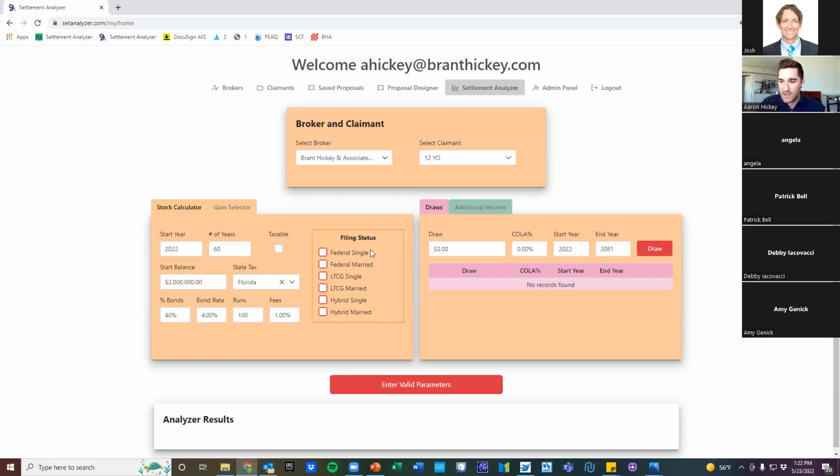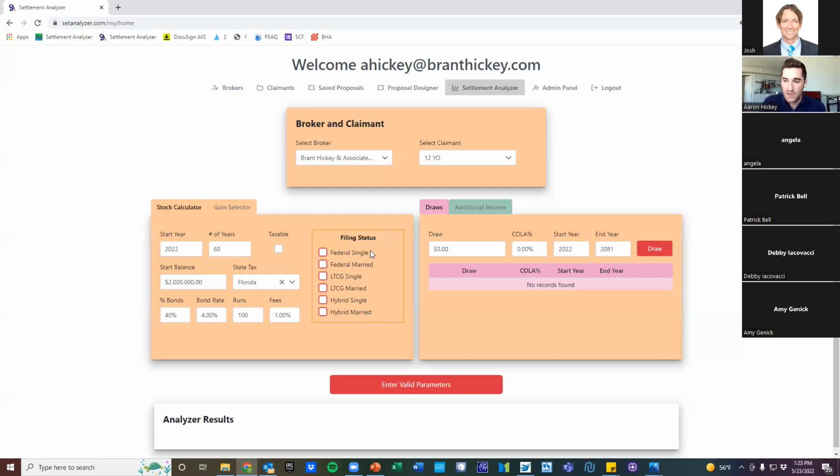This box here labeled filing status is just that. It's your tax filing status on your federal level. So you have your federal brackets, you have your long-term capital gains only brackets, and you have what we're calling hybrid, which is actually a combination of both federal and long-term capital gains. Just as an investment portfolio has stocks and bonds, they get taxed at different levels depending on how long you keep those assets.